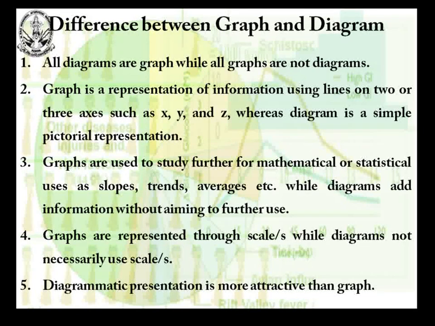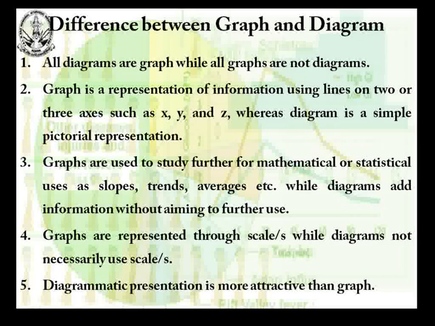As we discussed, differences are mentioned by some of the authors. They have mentioned the differences as: all diagrams are graphs, while all graphs are not diagrams. It means diagrams are a subset of graphs. A graph is a representation of information using lines on 2 or 3 axes such as x, y and z, whereas a diagram is a simple pictorial presentation.